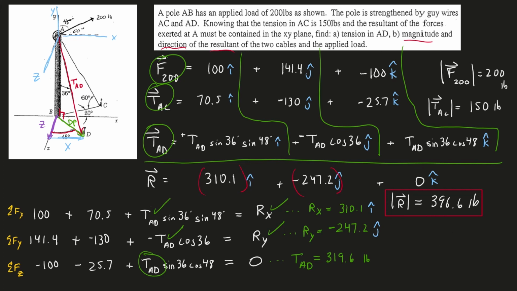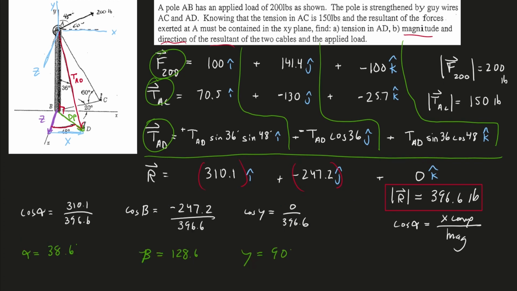And for those, don't forget, cosine of alpha will equal the x component of the vector, whether it's a force vector or a position vector or whatever, over the magnitude of that vector. And same thing for the y component and z component. So if we do three inverse cosines, we will find our direction angles.